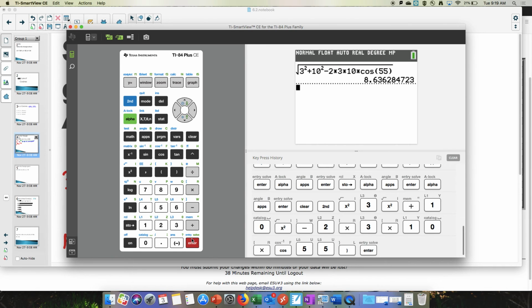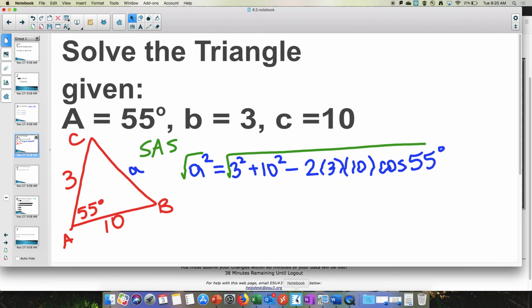That needs to be a minus sign, not a negative sign. Yes, there is a difference between minus and negative. Make sure this is subtraction. Okay. So we get side A to be 8.64.